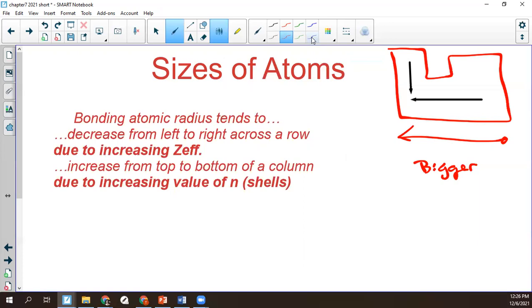If I were to draw the size of rubidium or francium, I'd put a big circle like that. If I was going to put helium, I'd put a really, really, really small dot. If I was doing it in the same row, it looks something like that.